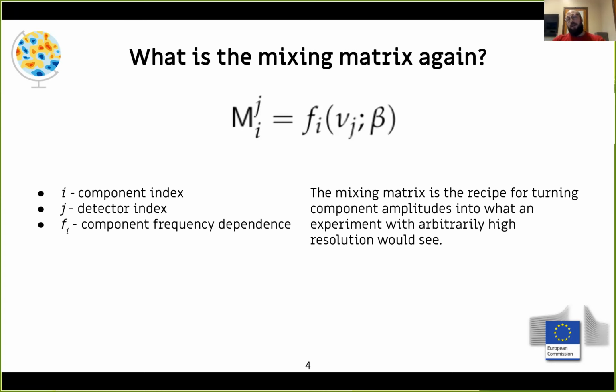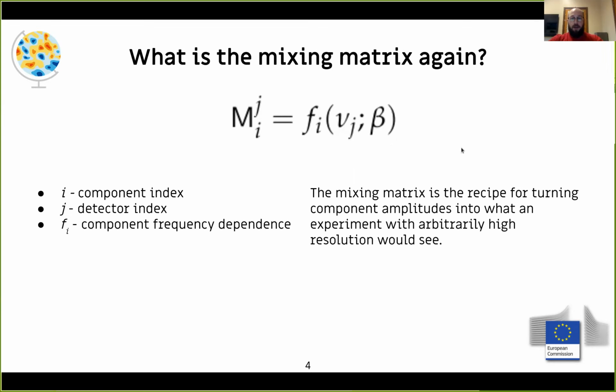So in a perfect situation where we have delta function bandpasses, that is, your experiment observes, say, exactly 31.25 gigahertz, et cetera, you can evaluate your SED, that's what f_i is here, of one component, say synchrotron, at exactly that frequency, given spectral energy distribution parameters, in this case, beta, the spectral index.